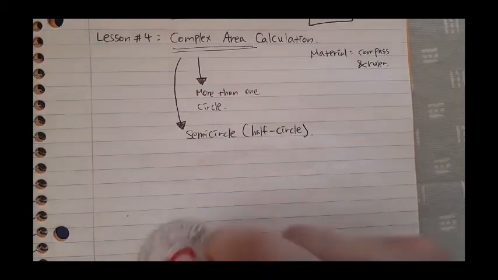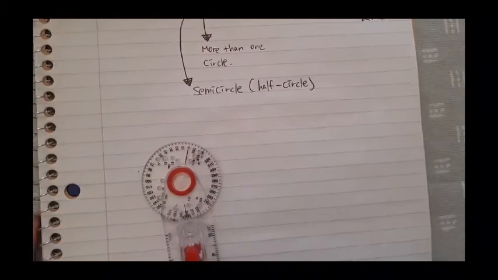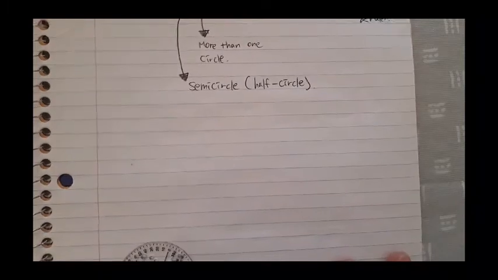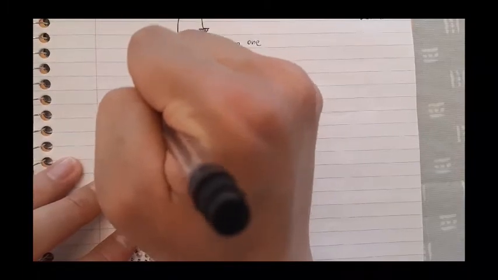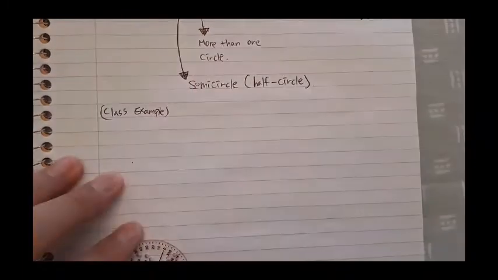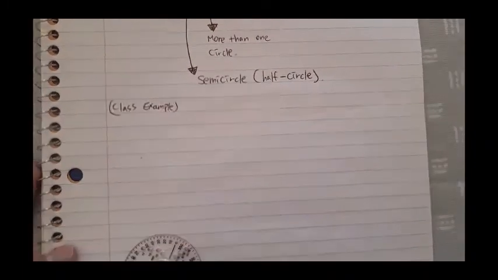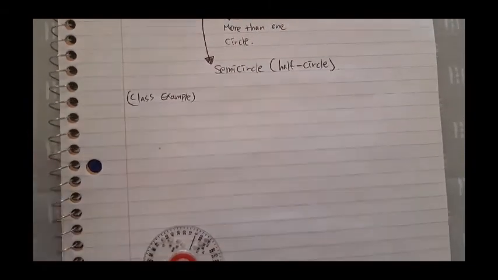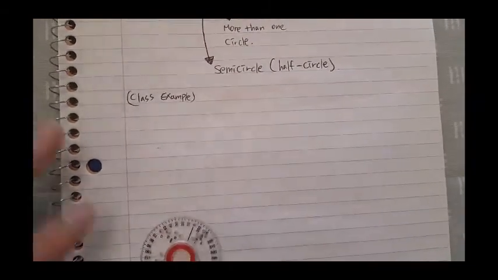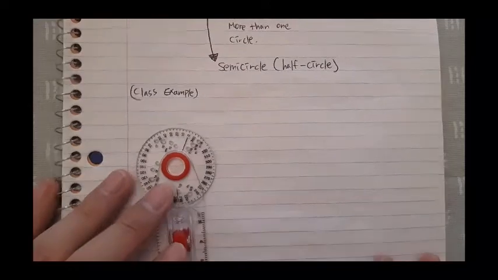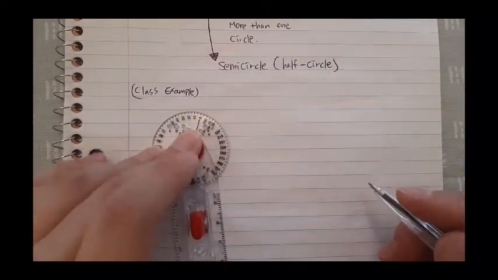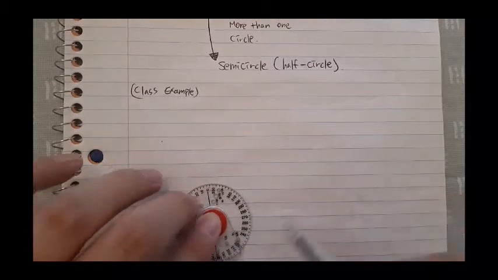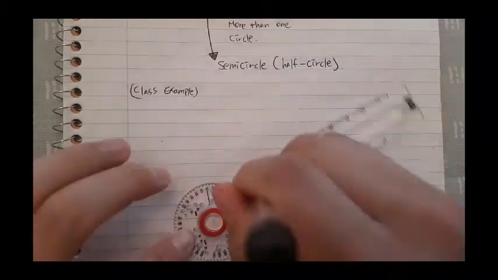So this is the class example. Seems like it's a little distorted, so I'm going to adjust. That's a little better for my part. I'm going to draw two circles, and I'm going to draw on a big scale.